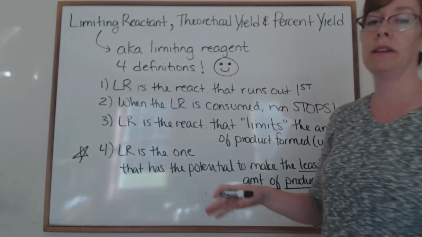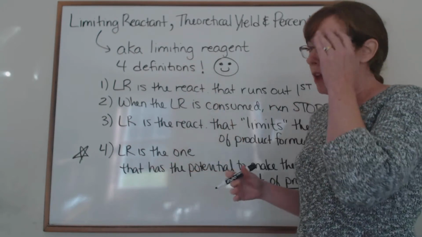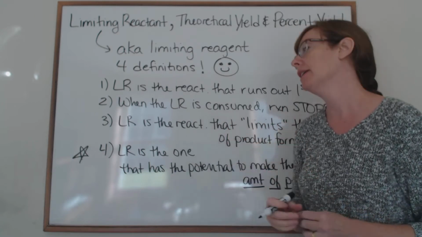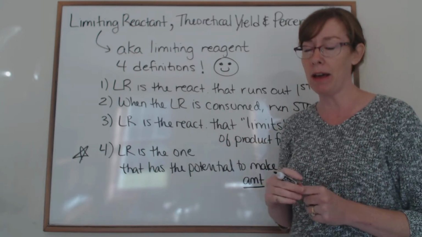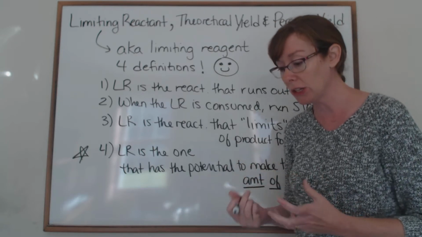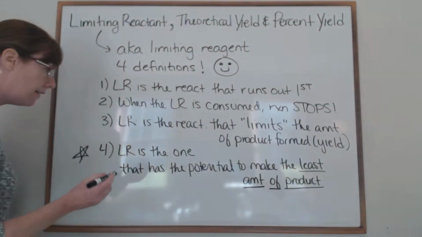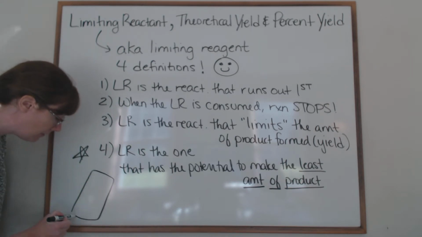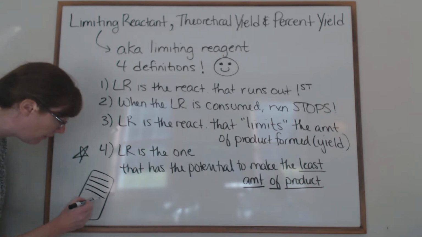So let's go ahead and, with these 4 definitions, use a very practical example to make sure we can understand what limiting reactant is. And I'm actually going to even step away from a chemical reaction and just use something even more tangible. And that is the making of a peanut butter and jelly sandwich. So let's go ahead and just envision that you all have a loaf of bread.